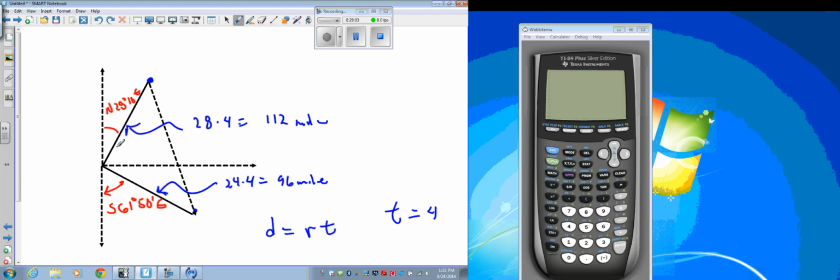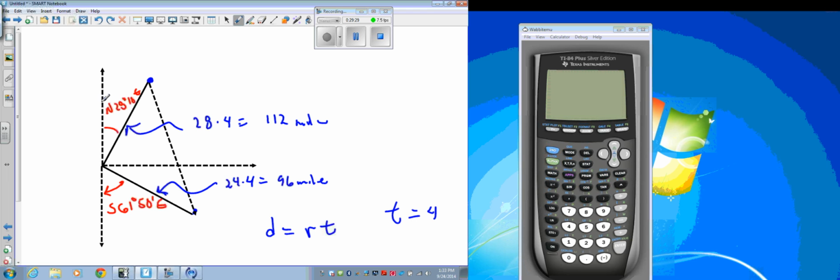So we know these two sides. Now what else do we need to know? How do we know that we can use the Pythagorean theorem? We're going to have to make sure that this angle is 90, right? Well, here's one way to figure it out.